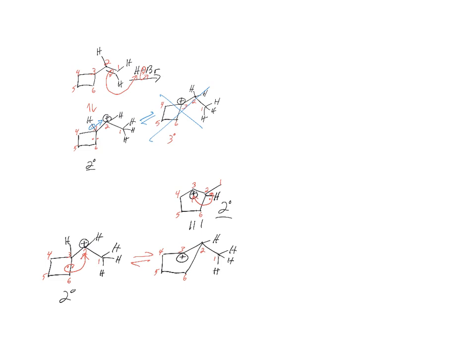So what's that look like? Get that plus charge there. 1, 2, 3, 4, 5, 6. And of course, all along the way, we've forgotten him. Br minus has always been with us to balance our charge.